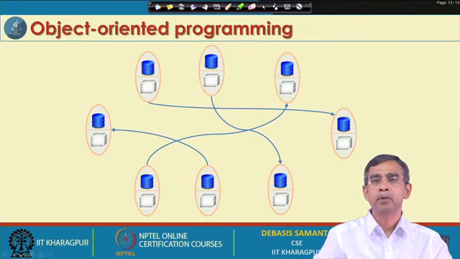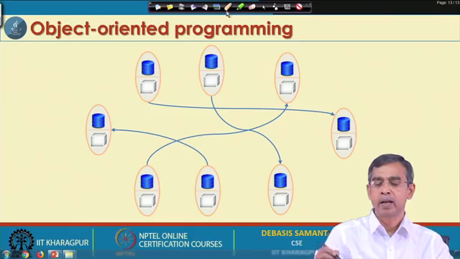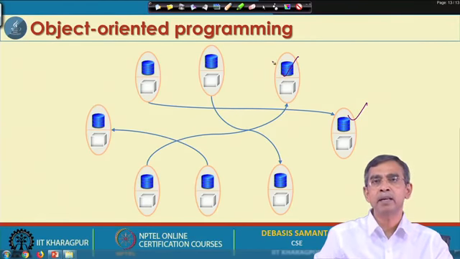On the other hand, there is another concept called the object oriented programming concept. Here the program is conceived in the form of a set of objects. As an example, here we can see this is one object, and this is another object. Writing a program is nothing but writing a set of objects, whereas in function oriented programming we have to write a set of functions.